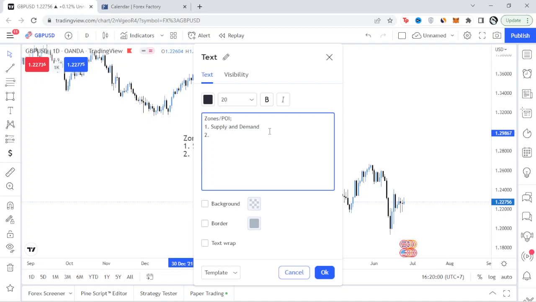There are ways to look at it. You can also call them order blocks. Based on zones, I don't use SNR, or let me just say it in full, support and resistance.